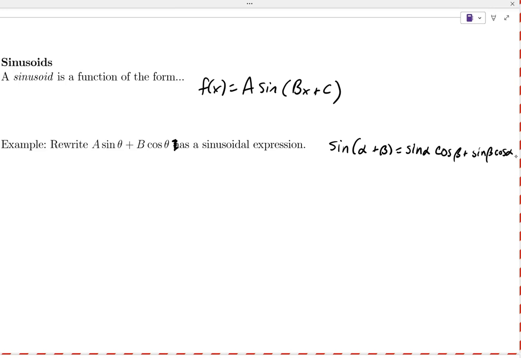That makes sense so far? Right. So I've got to do a little bit of work so that I can actually see an angle where I can put those pieces in there. So let's look at this A and this B here. And we're going to play with those values. In particular, here's what I'm going to do.